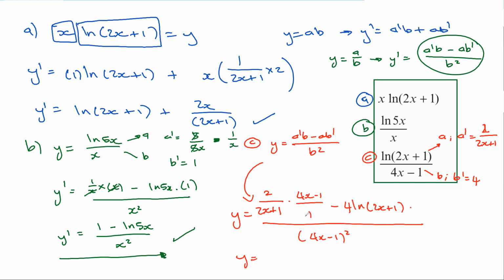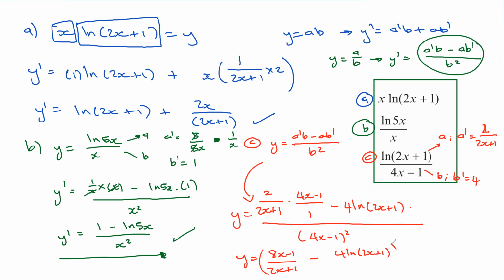Quite a complicated answer, this one here. We got 4x minus 1. I can probably simplify this into a single fraction, 8x minus 1 over 2x plus 1, minus 4 ln 2x plus 1.